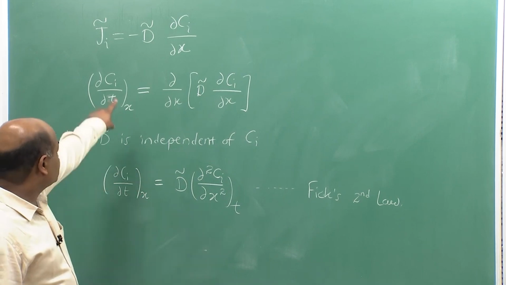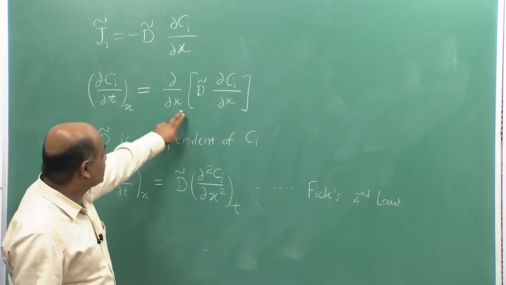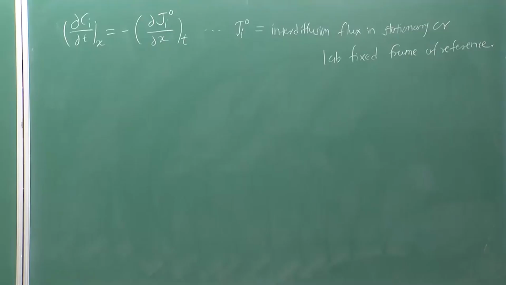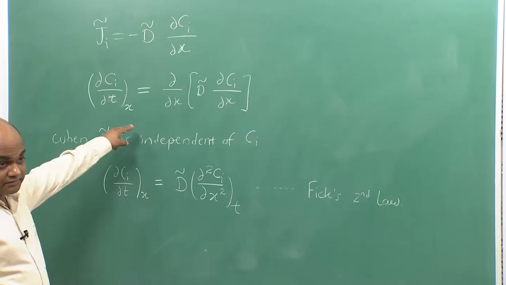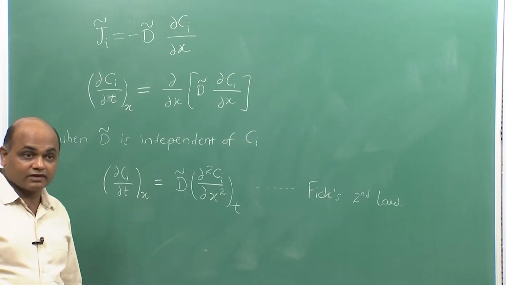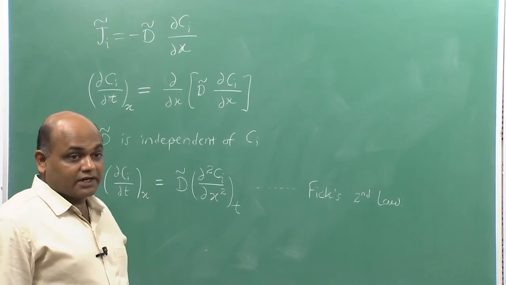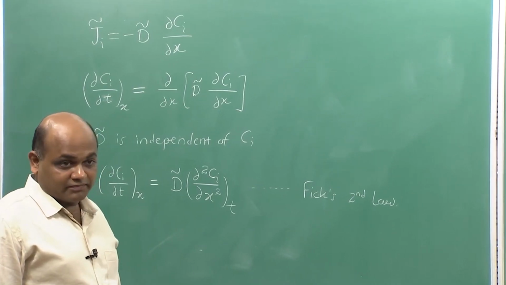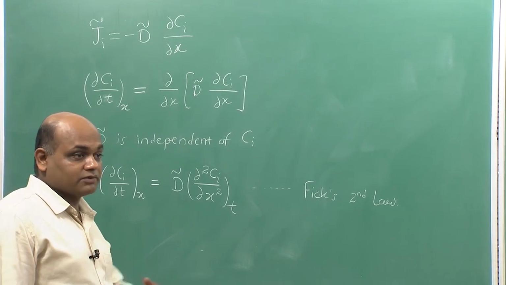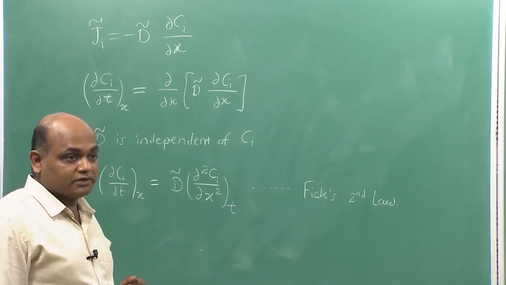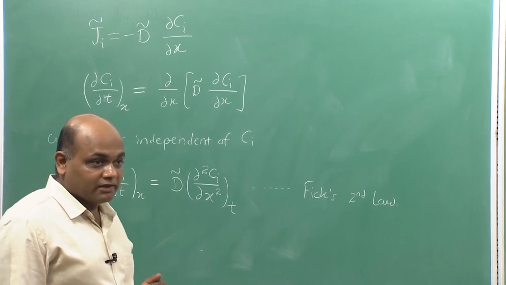And if I substitute the flux in volume fixed frame just like the flux in stationary frame of reference, what is the assumption that I am making? Right. So, volume fixed frame is coinciding with the lab fixed frame, that is when u v equal to 0, the velocity of volume fixed frame is 0, then only this can happen.